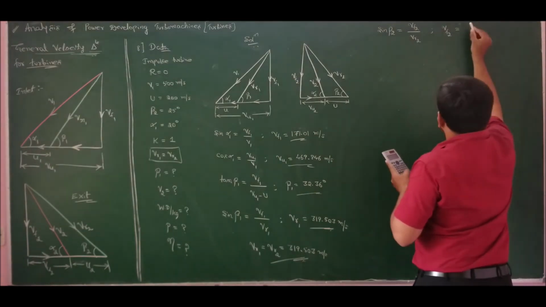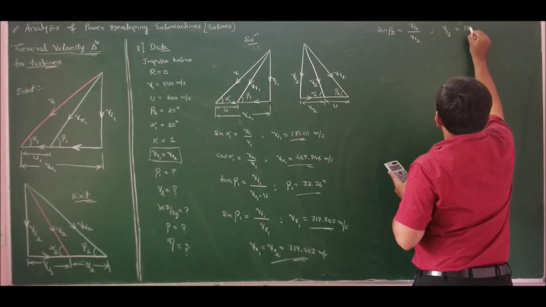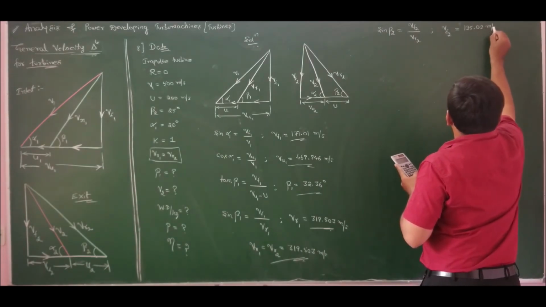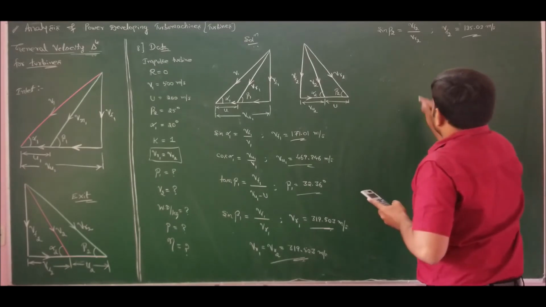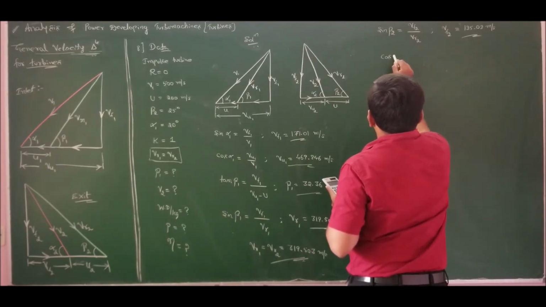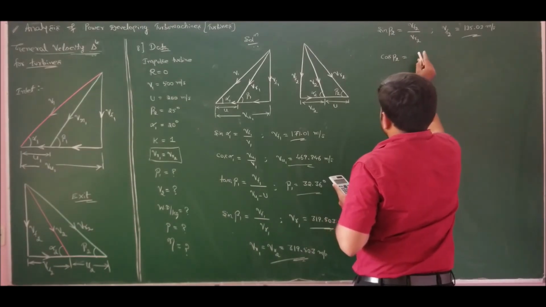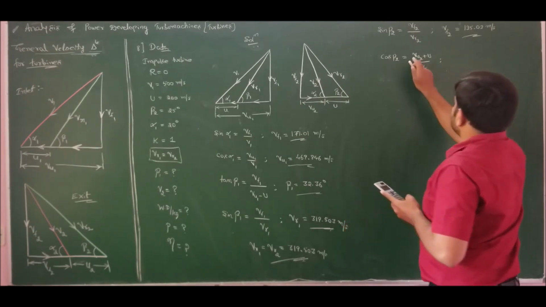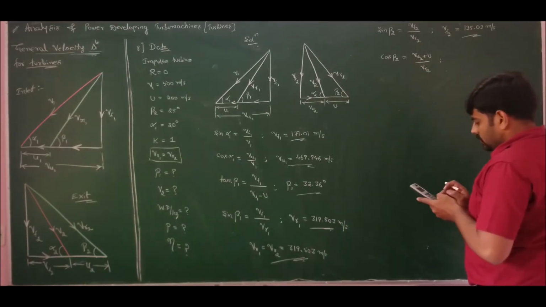So therefore VF2 is 135.03 meters per second. Now if I use cos beta 2 is VU2 plus U divided by VR2. So here the unknown is VU2. Calculate the unknown VU2.